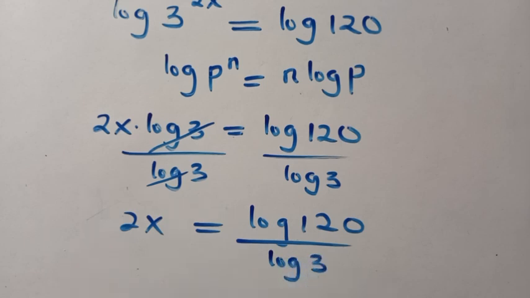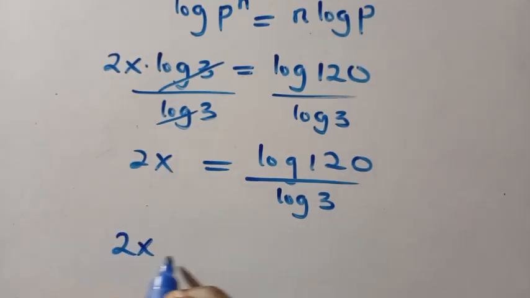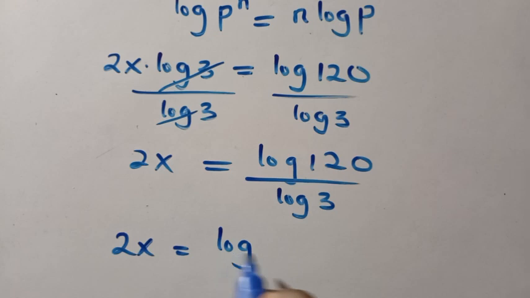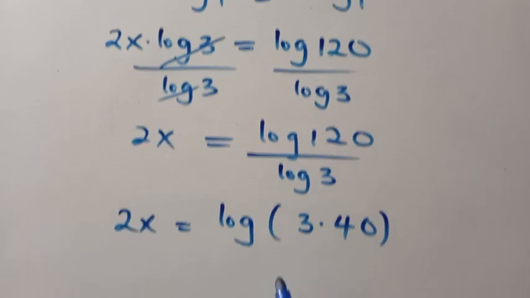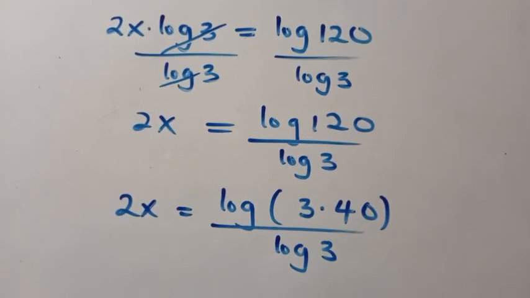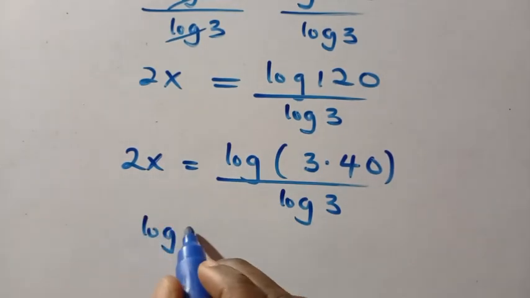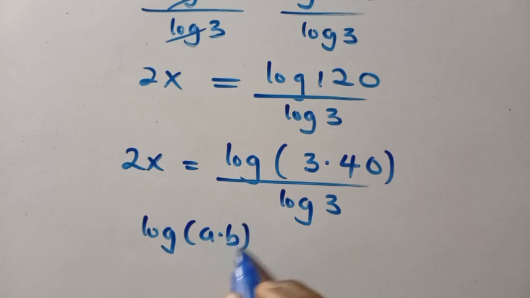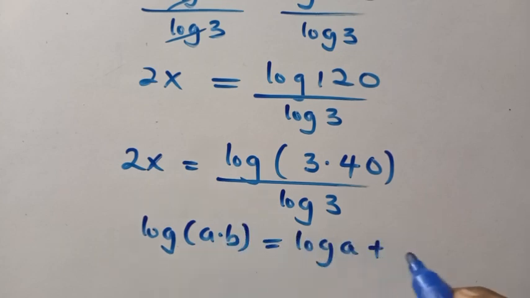And from here, we know that 120 is 3 multiplied by 40, so 2x equals log of 3 times 40 divided by log 3. And log a multiplied by b is the same thing as log a plus log b.